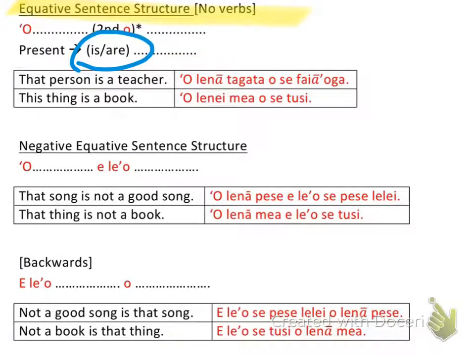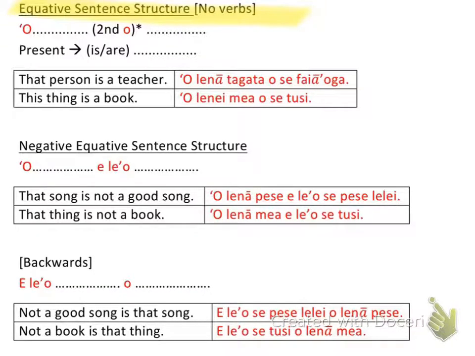Okay, and so what the equative sentence structure is: you have a particle o. It's basically the presentative sentence structure that we talked about on the last slide, and then I have a second o right here, and that's basically an is or are thing. So what you're doing is you're saying an is or are statement, or you're presenting a noun phrase and saying it is this thing, or these things are this thing.